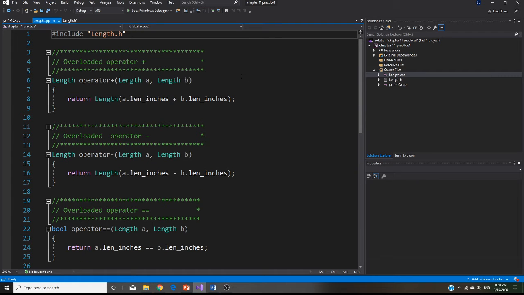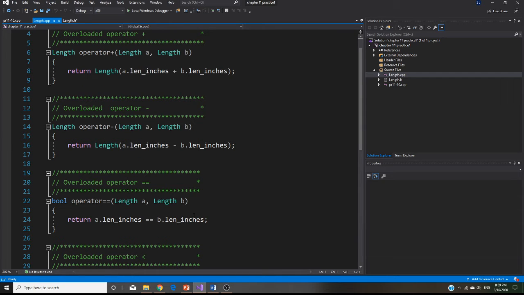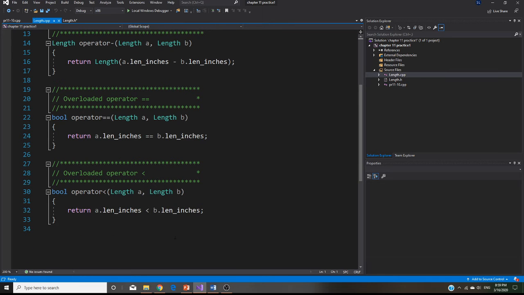Look, when I do plus, I do inch plus inch. After I do inch plus inch, then I'll convert them to feet and inches. When I minus, I do inch minus inch, and for equal, I'm going to check their inch to inch. For less, I check whether the inch is less than the inch.